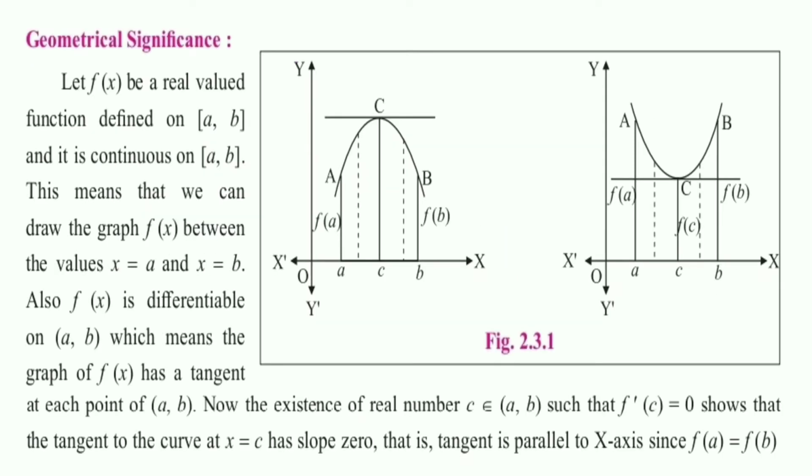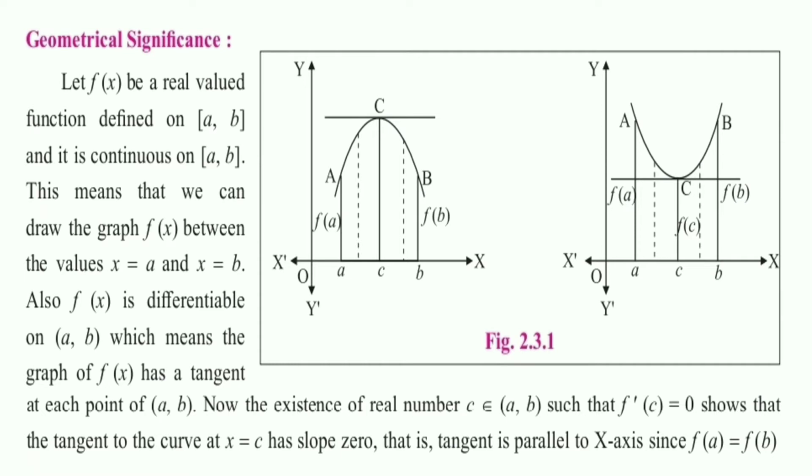Geometrical significance. Let f of x be a real valued function defined on closed interval [a, b] and it is continuous on closed interval [a, b]. This means that we can draw the graph of f of x between the values x equal to a and x equal to b.